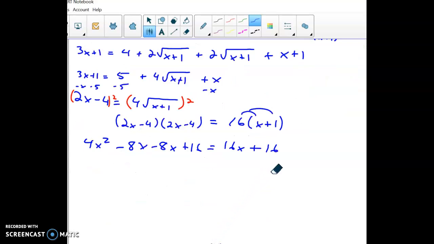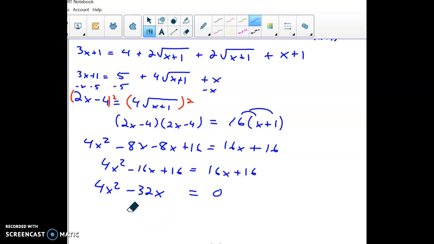All right, so now I want to get 0 on one side. Actually, let's combine the minus 8x and minus 8x, so minus 16x plus 16. Now I'll get 0 on one side, minus 16x and minus 16. So we'd have 4x squared, and we had negative 16x, take away 16 more. And we had 16 minus 16, so we get a 0.